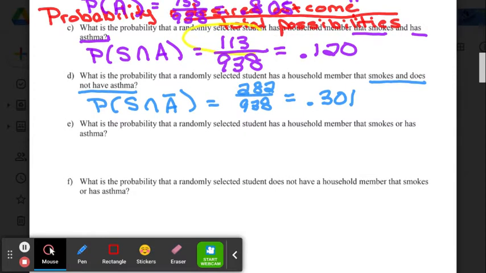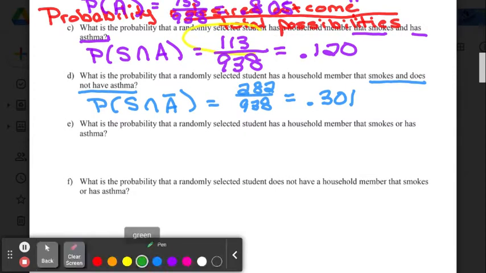Letter E, what's the probability a randomly selected student has a household member, notice the copy paste, that smokes or has asthma? So we can say probability smokes or asthma. You can also write that out in words.